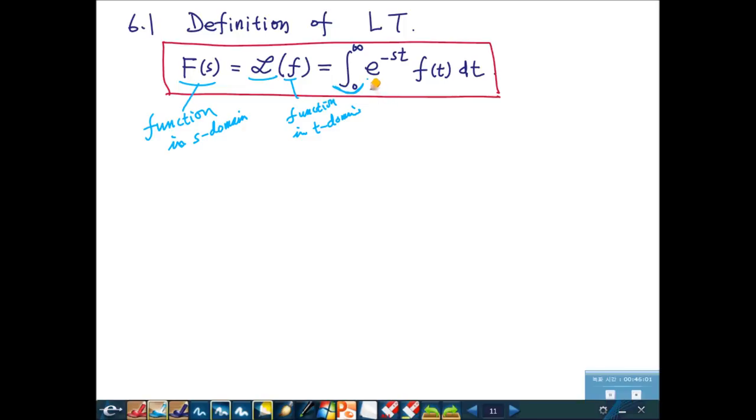And this, e to the minus st, is a very strange looking function, right? It's actually called the kernel. Kernel between S and T domain. Wow, what's that?